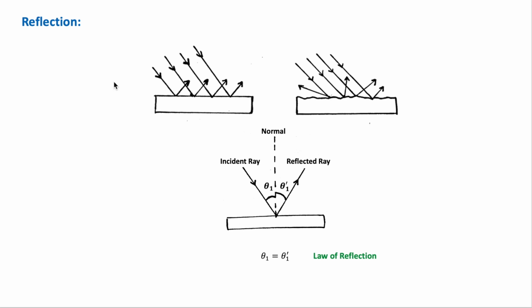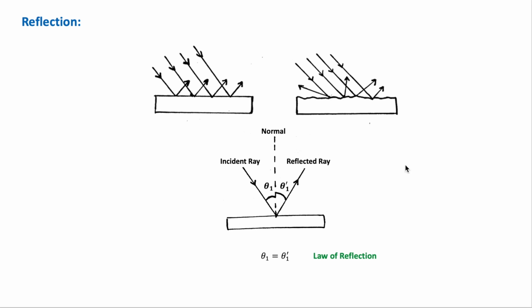So we will now discuss reflection. So consider rays of light incident on a surface. So if the surface is not perfectly absorbing, then some of the light is reflected, right? And in the case of a very smooth surface, the reflected light rays are parallel, okay? And the reflection here is known as specular reflection.